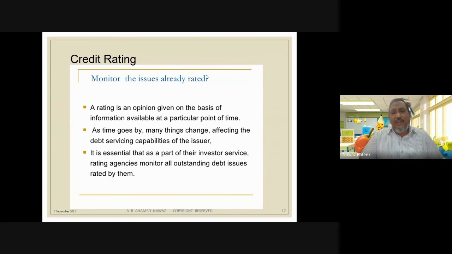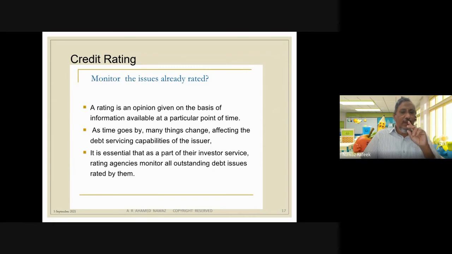After giving a rating, for example a double A or triple A, we cannot take it for granted that the company is safe. At any moment, the position can change. So the rating is given at a particular point of time.